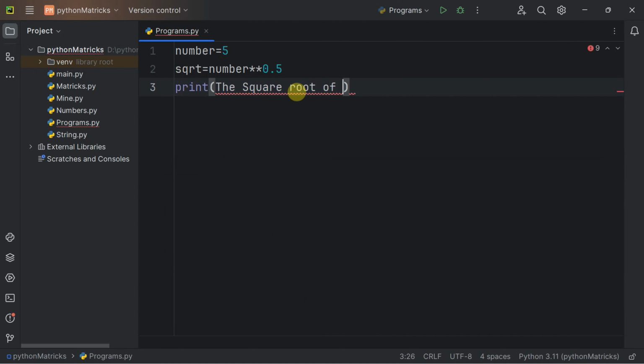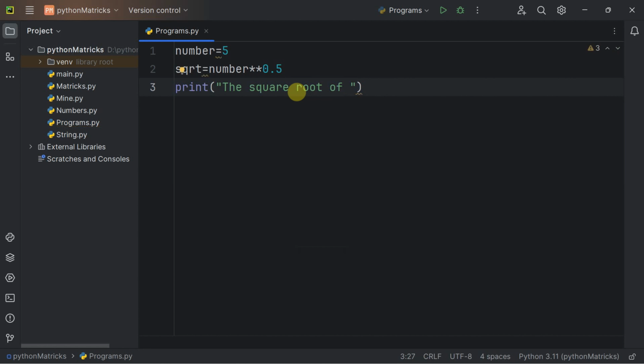For the placeholder, there is some error, so let's use double quotation marks. The square root of, and here we are going to use a placeholder for floating numbers.